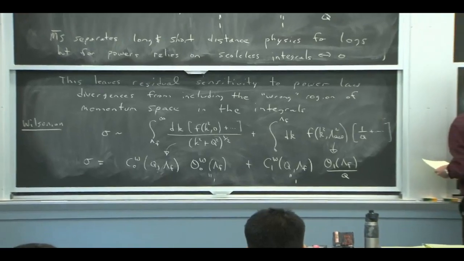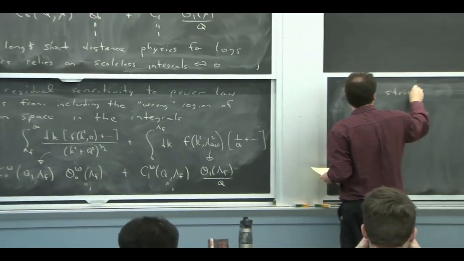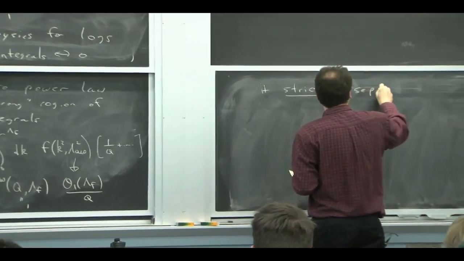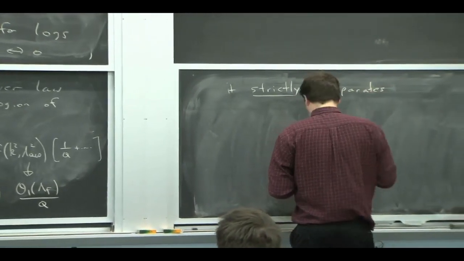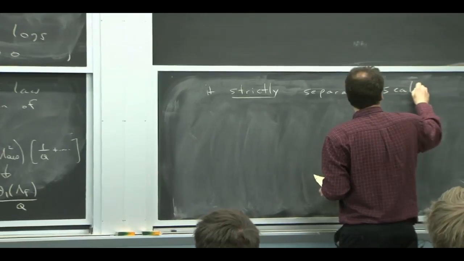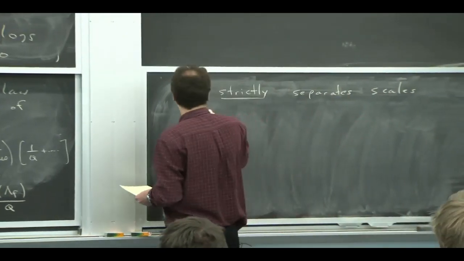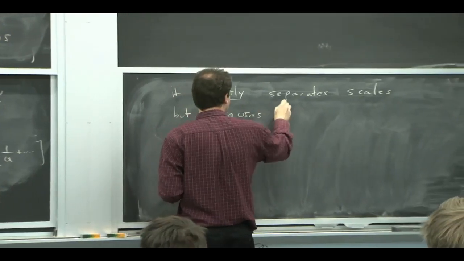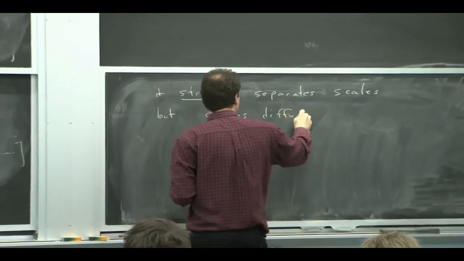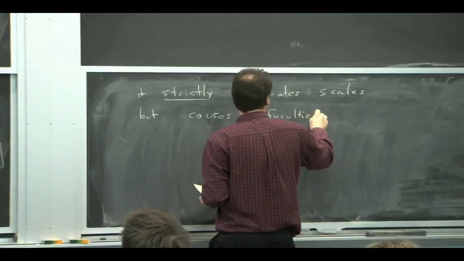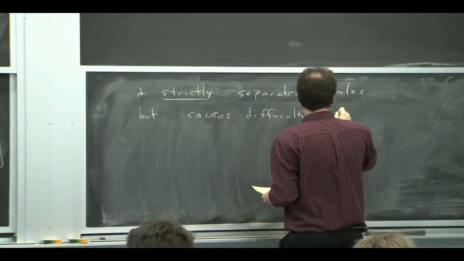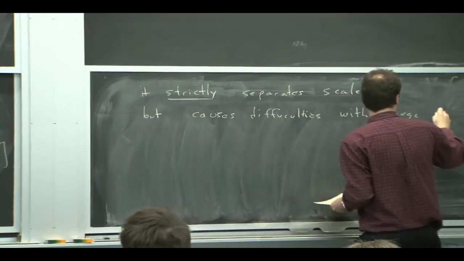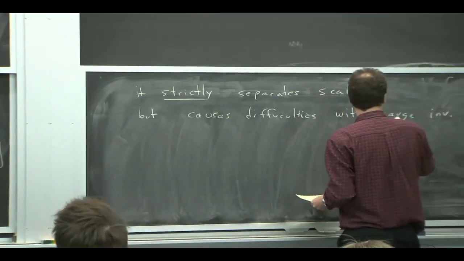So in some sense, this is what we'd like to do. But the but here is that it causes difficulties with symmetries. In particular, it generically breaks gauge invariance and Lorentz invariance.